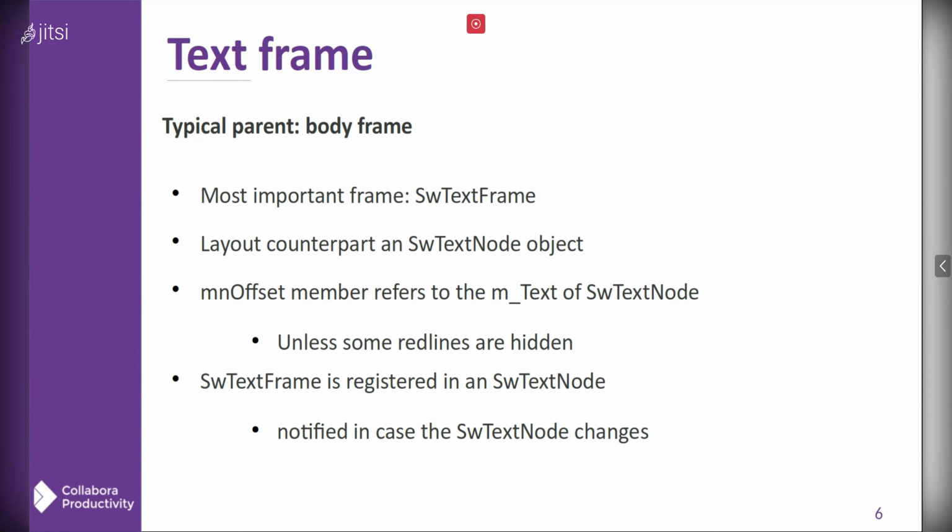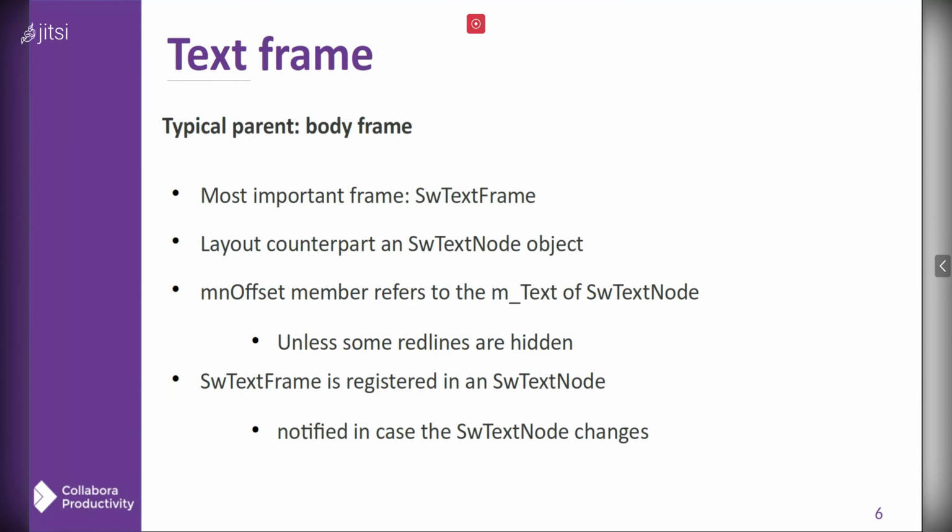So it will have some information about where to start rendering the text of the text node. In case you have a split node, a node which has two text frames, and this text frame is split, then you will have one text frame which will start from the 0 offset, and a second text frame which will start at some positive offset.